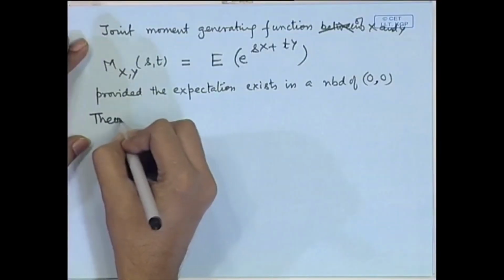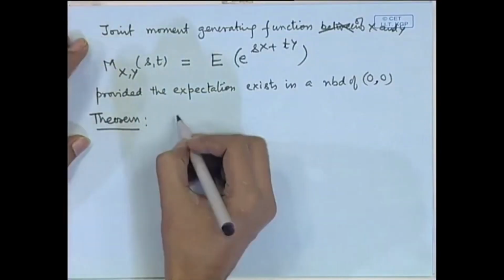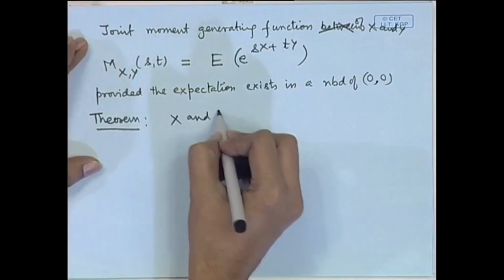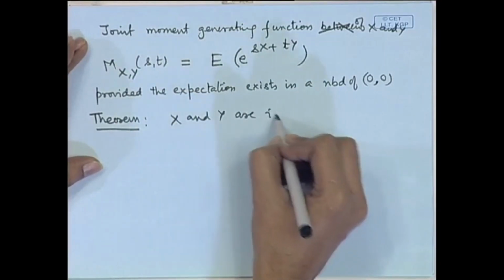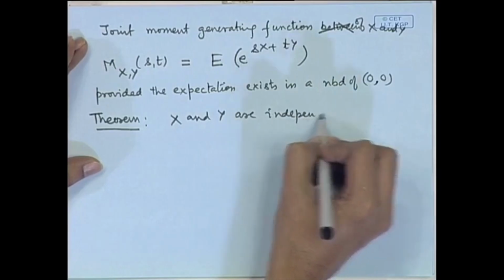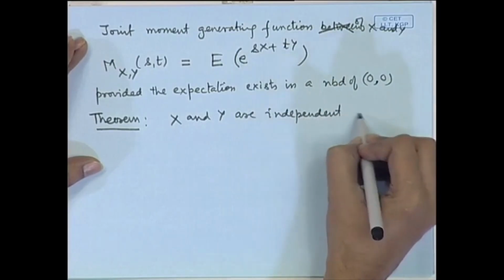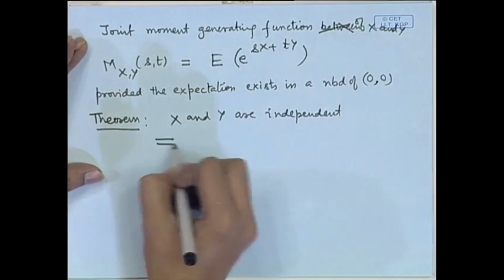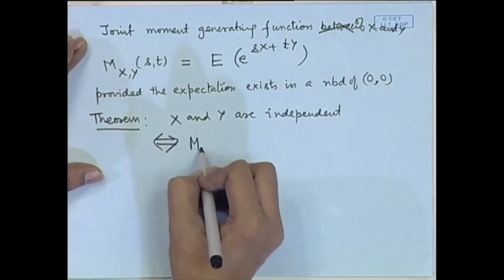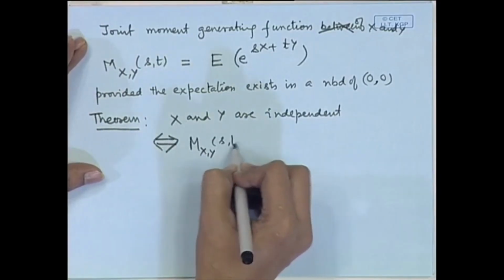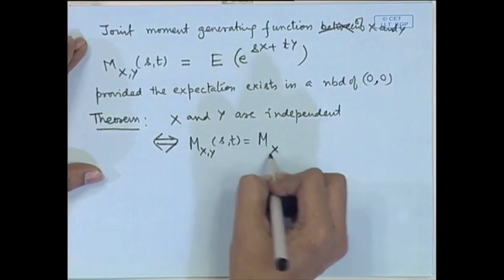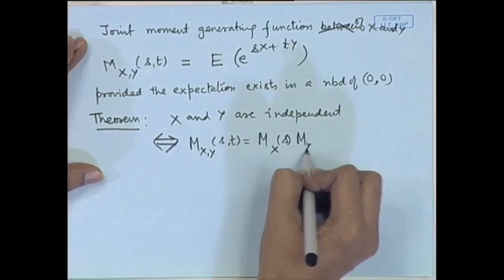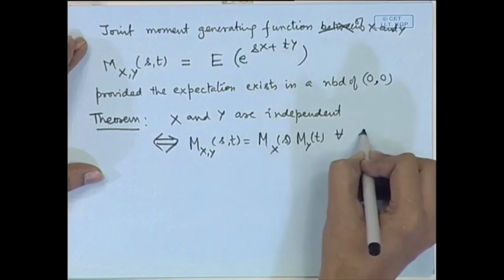However, because of the uniqueness property of the MGFs, we have a stronger result here. X and y are independent if and only if m x y s t is equal to m x s into m y t for all s t.